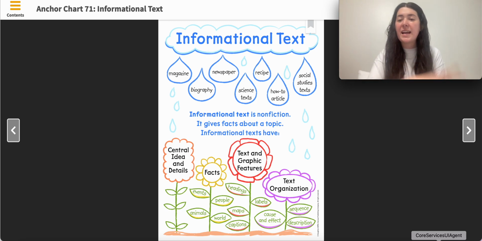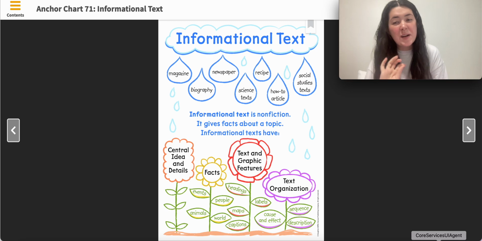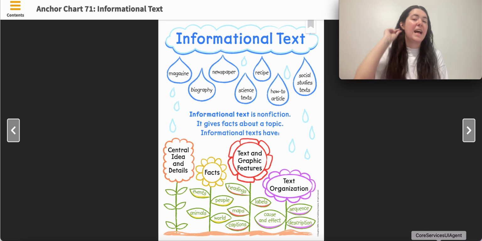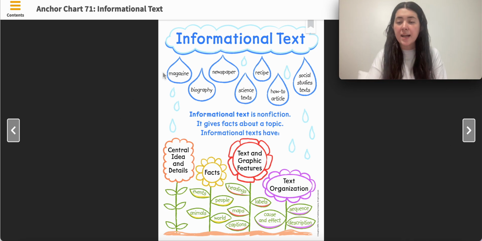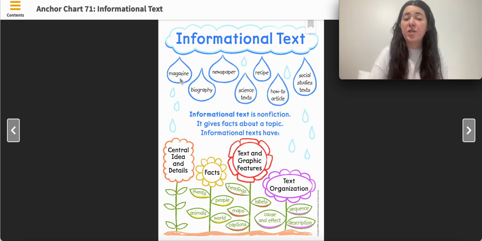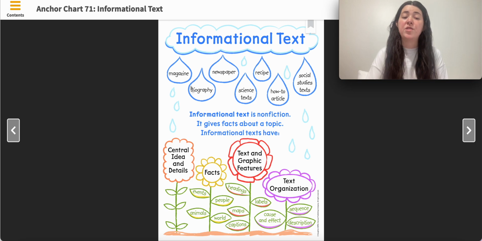So I'm going to start by laying the foundation for you of what informational text means, and then we will get into our very quick story that we are revisiting today. In informational text, there are several different examples. For example, a magazine, or a biography, which is a story about somebody's life, or a newspaper, or science texts.